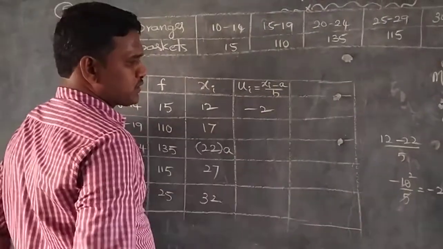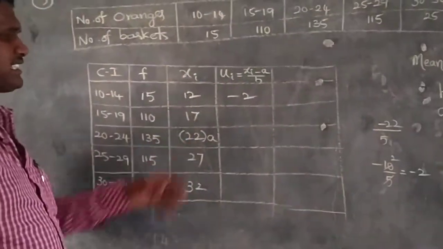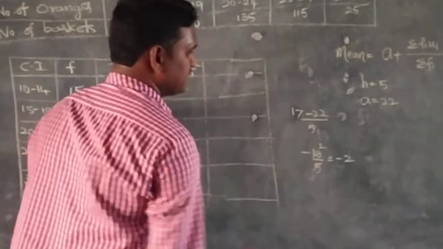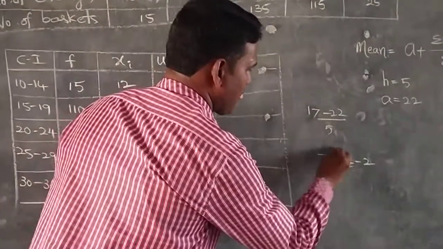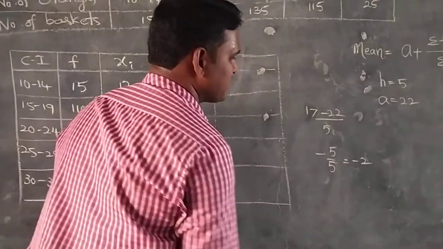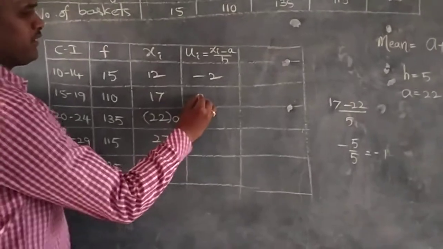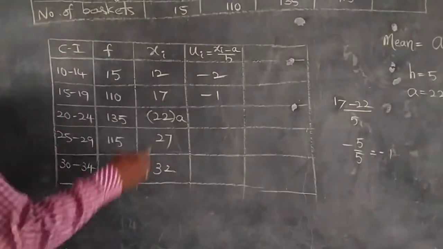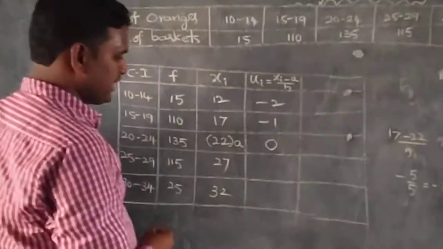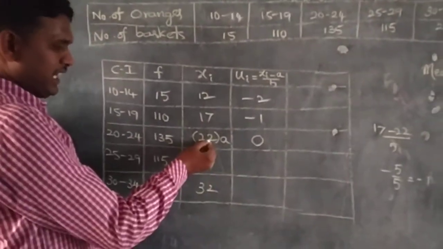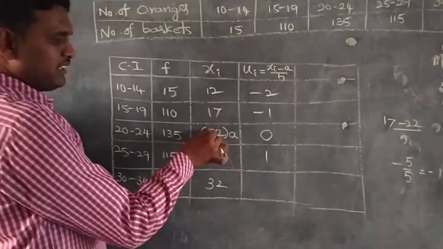Similarly, for the second class, xi is 17. 17 minus 22 is minus 5, by 5, which is minus 1. Here a is xi, so if you subtract, you will get 0. Next, 27 minus 22 is 5, 5 by 5 is 1. 32 minus 22 is 10, 10 by 5 is 2.